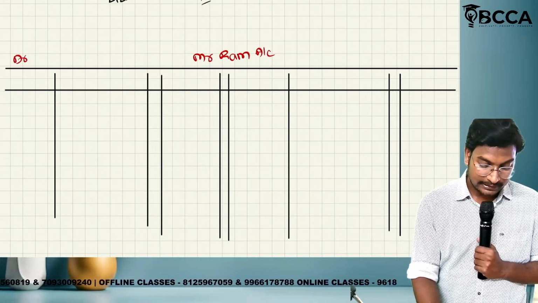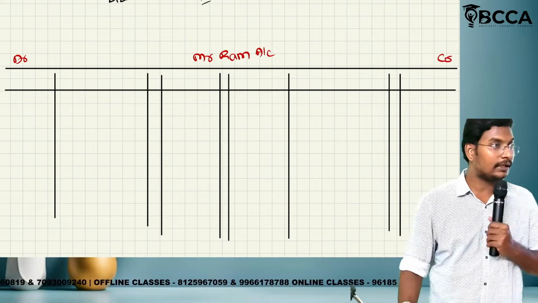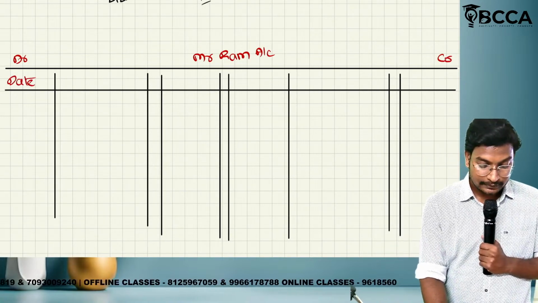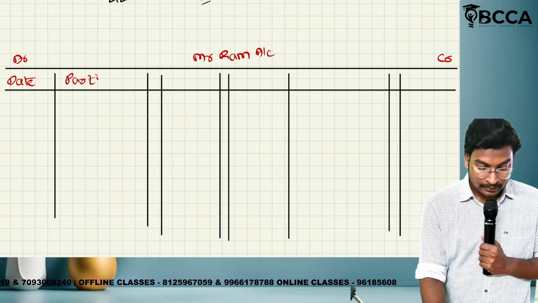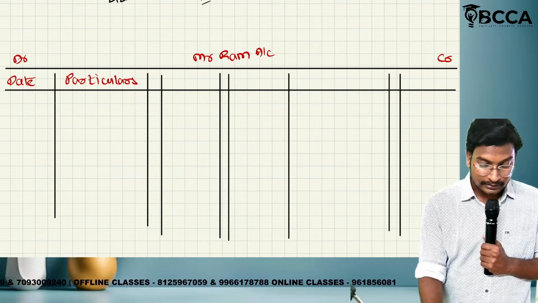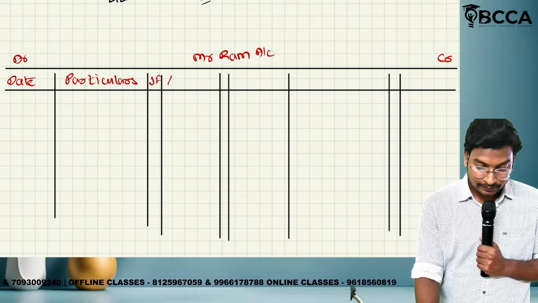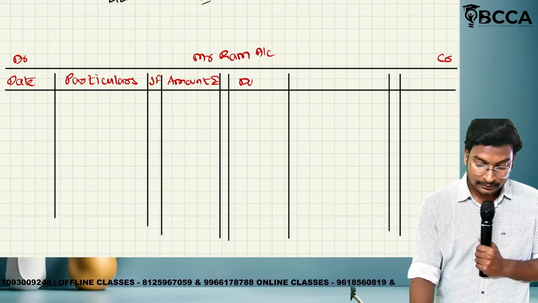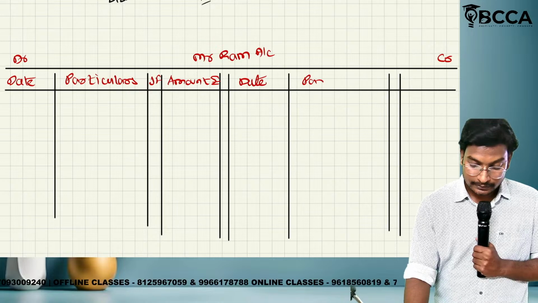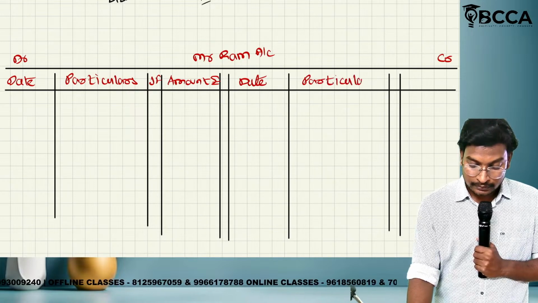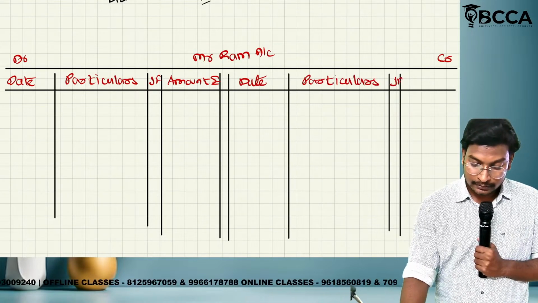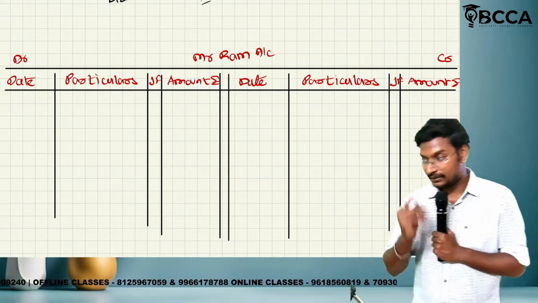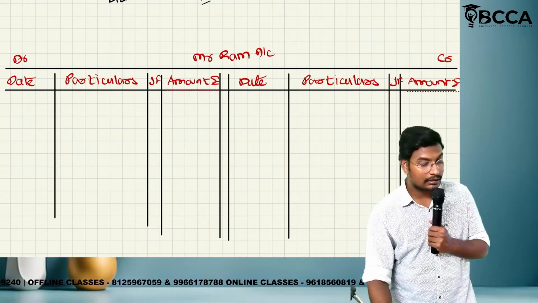The left hand side is called the debit side, the right hand side is called the credit side. So what are the column names? Date, particulars, JF, amount in rupees. These are the columns.